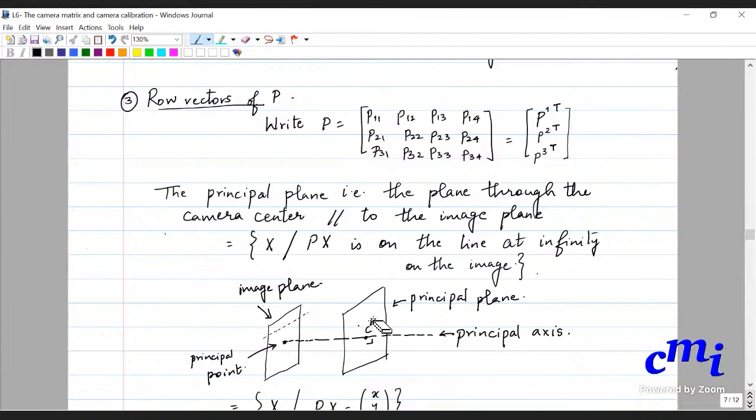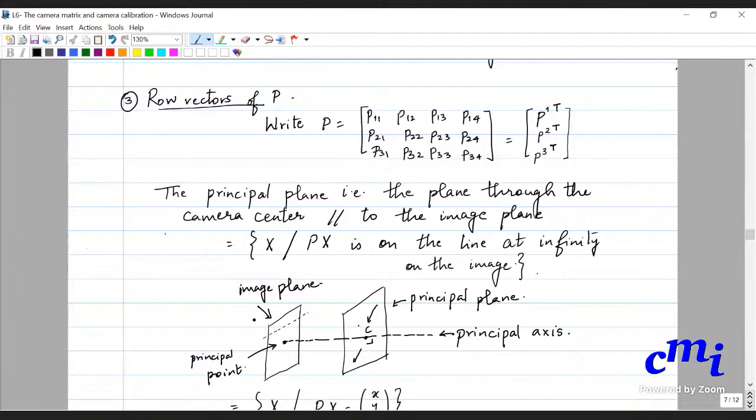Map to infinity, you mean when it is falling out of the image plane? So if you have a point on the plane passing through C, and you want to talk about the image of this point, then theoretically we say that this point is mapped to infinity by P. That means it never falls on the image plane.